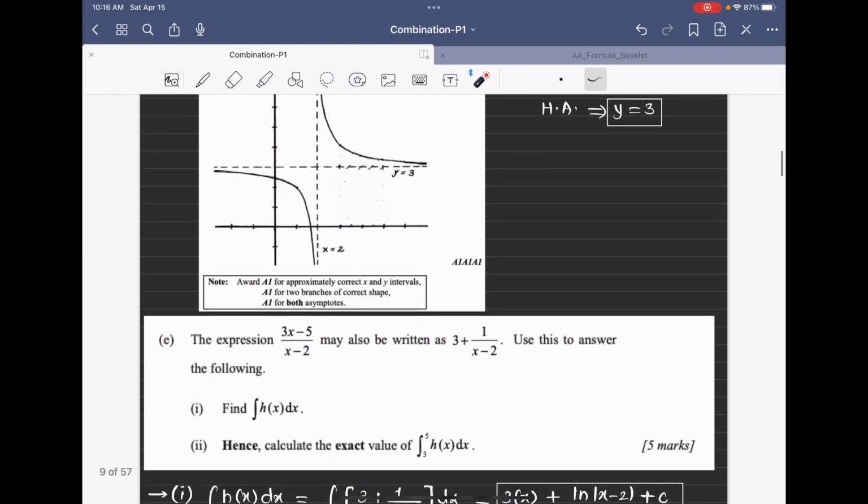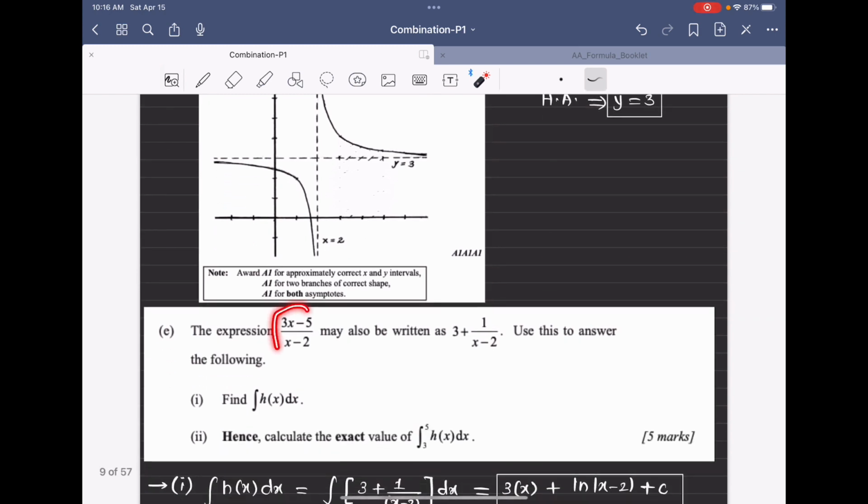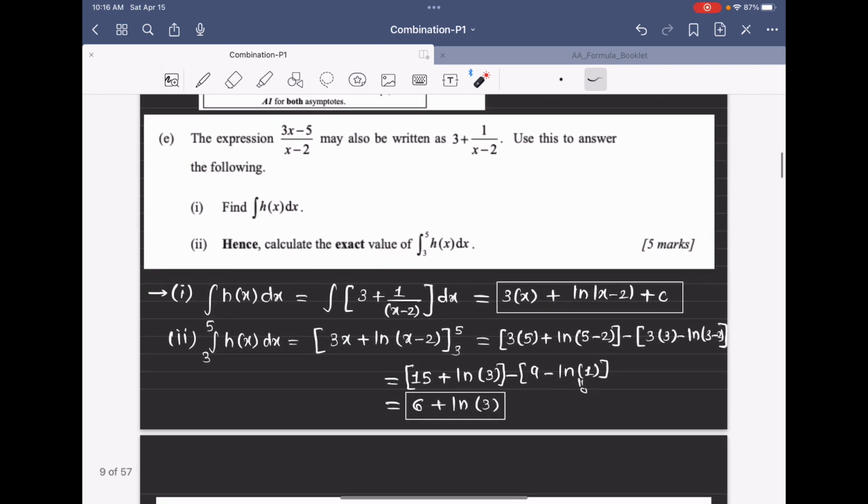Now next one, the expression 3x minus 5 over x minus 2, that is h of x, may also be written in the form of 3 plus 1 upon x minus 2. Use this to answer the following: integration of h of x. Now we are introducing integration. Find integration of h of x, that means 3 plus 1 upon x minus 2.